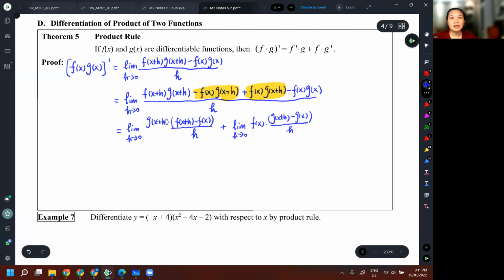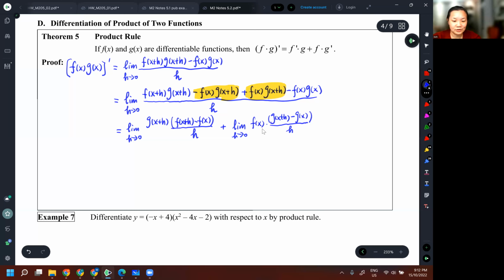I take out g, and then I take out f. Do you see it now? I must see it now. I'll wait, I will count to 10 in my mind. Okay.